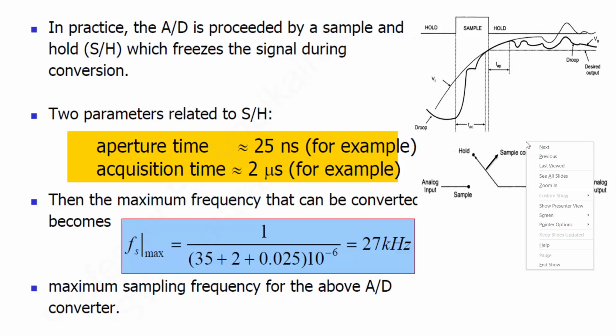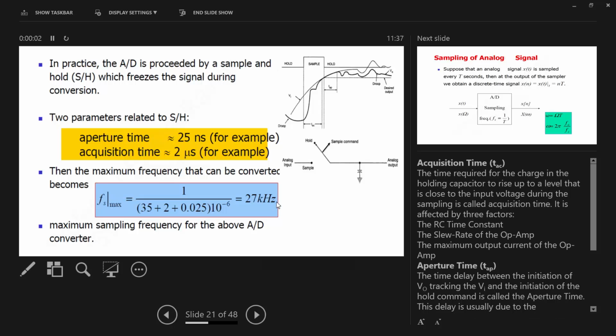Now let me have the presenter's view here. There are two important specifications of a sample and hold circuit. One is the aperture time. The second is the acquisition time. This is how the input voltage will start rising.